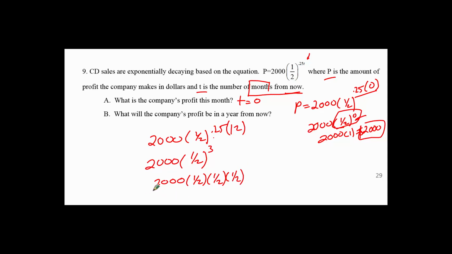Let's see, can we do this in our head? What's 1/2 of 2,000? It's 1,000, right? What's 1/2 of 1,000? 500, right? Well, we still have another half to do, so we should get 250. So that's doing this problem in our heads.